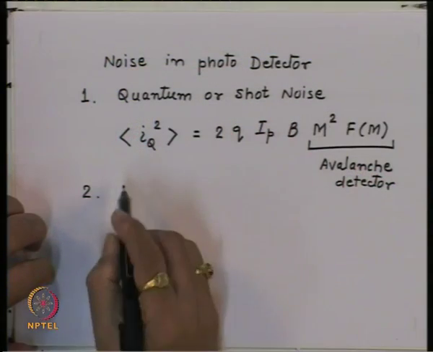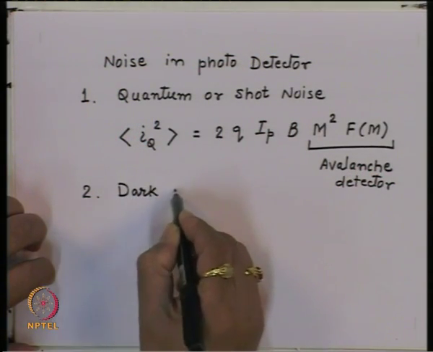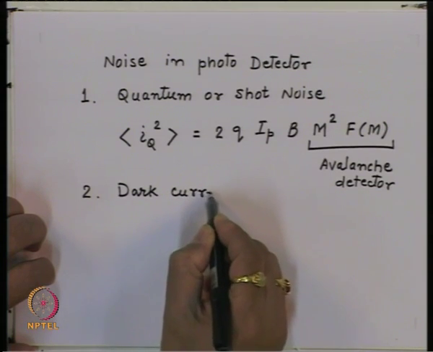And since this current again is because of a similar process, it has a noise component, and that noise we call the dark current noise. So, the second component of the current or noise which we have is what is called the dark current noise.